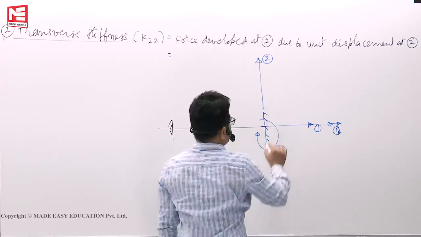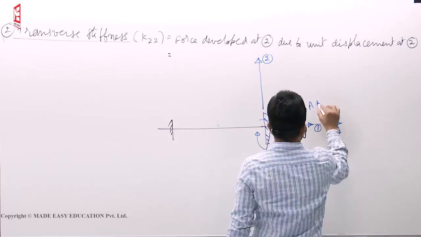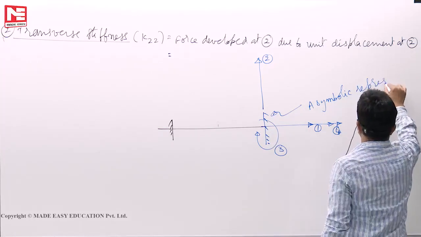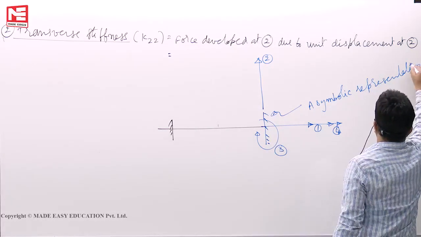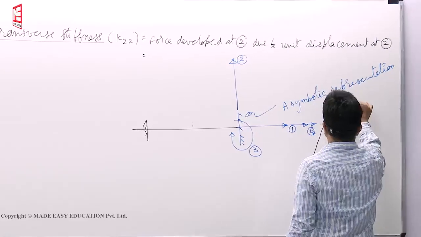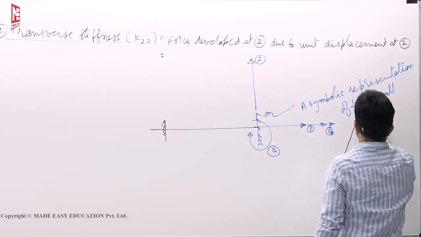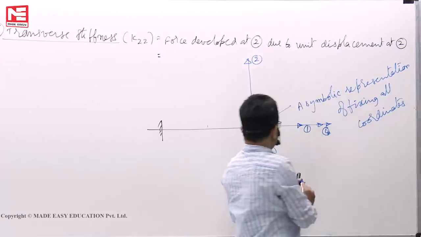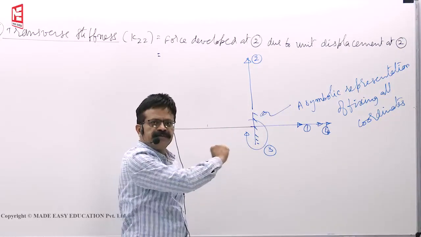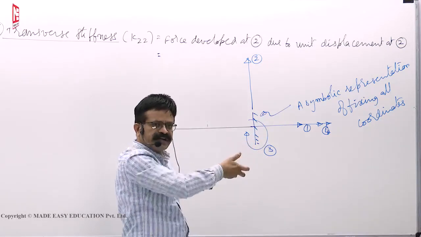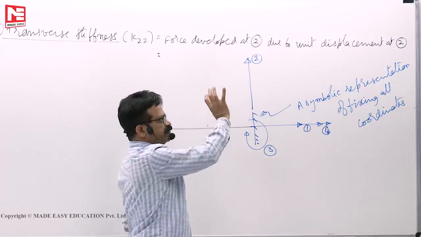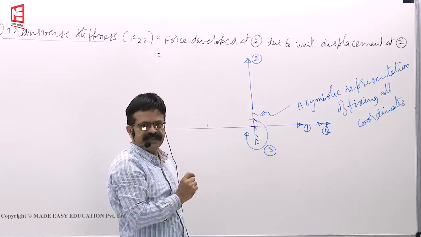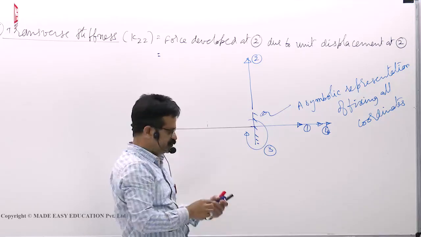So all 4 coordinates, this is simply a symbolic representation of fixing all coordinates. So fix all coordinates. Now don't permit it to elongate. Don't rotate. Don't twist. Hold, lift by 1. How much force is required for that is called transverse stiffness.